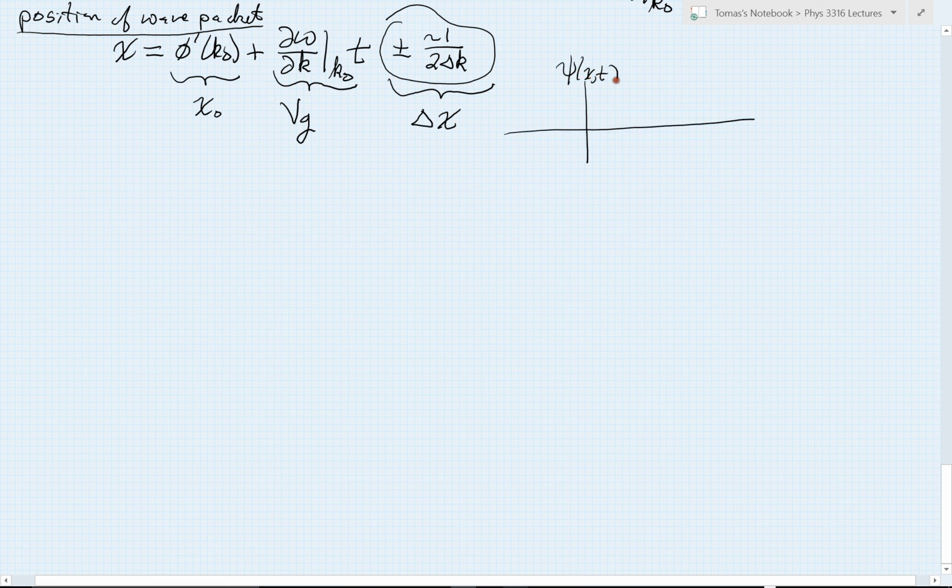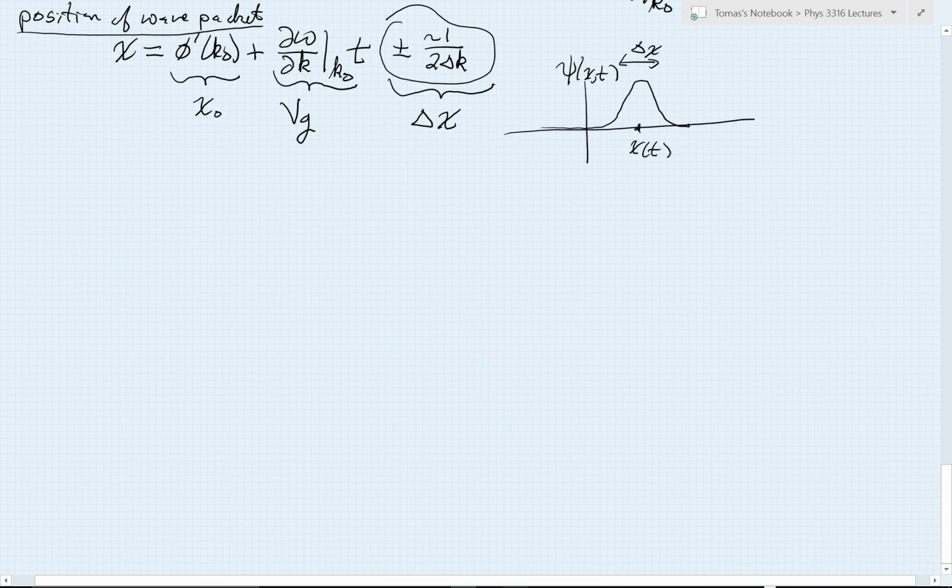The probability is directly related to it. But we can make a thing that's localized with a certain width, delta x, with its peak at this position, which I could call x or x max. That's what this x is, the position of this maximum. And that position then will move in time.